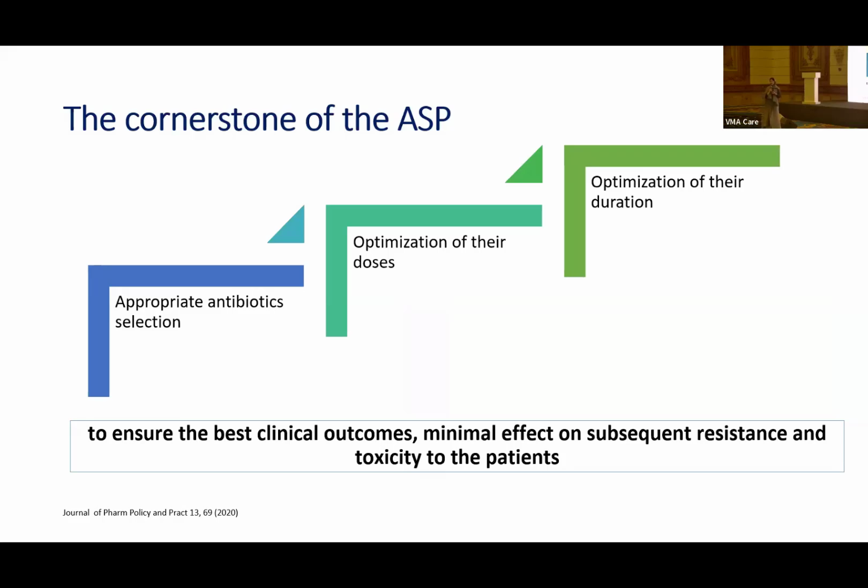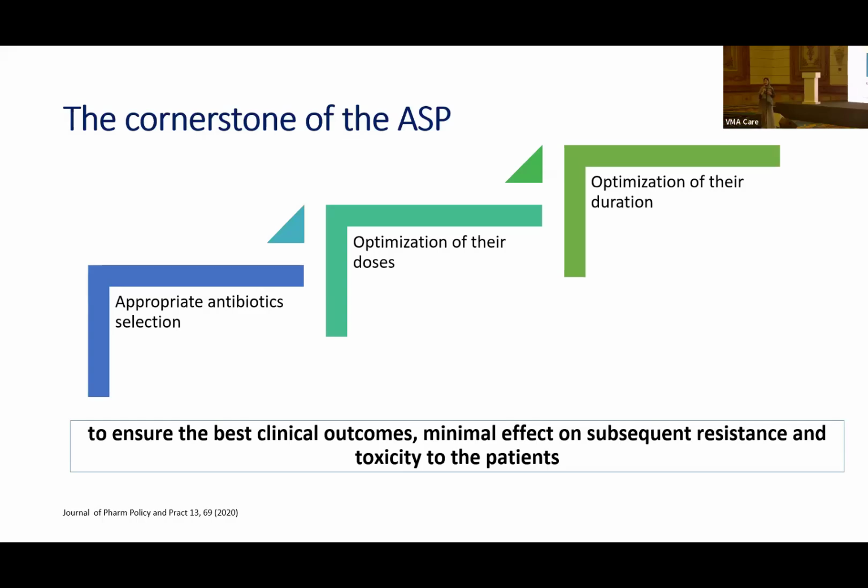Why is dosing so important with antimicrobials? Can anyone tell me? If we underdose, what's the risk? If we overdose, what's the risk? Exactly, side effects, which is the case with all other types of medications. And underdose, exactly.